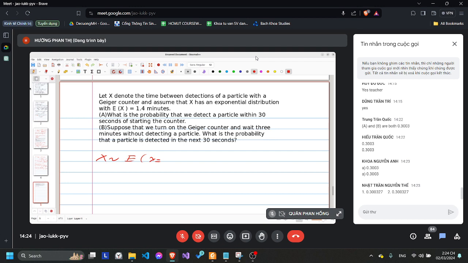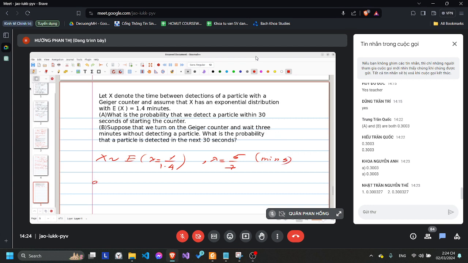Remember that E of S equals 1 over lambda, hence lambda equals 1 over mean. So lambda equals 1 over 144. Okay, it means here we have lambda equals 10 over 14, so we have 5 over 7, in the units of minutes.